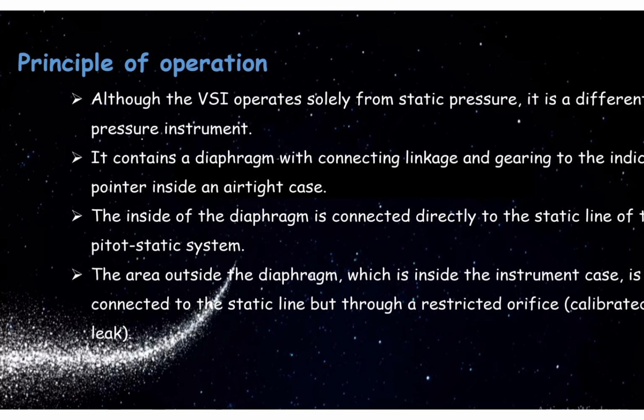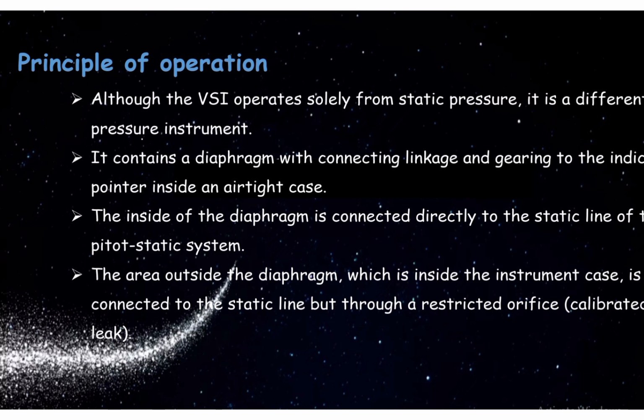Both the diaphragm and the case receive air from the static line at the existing atmospheric pressure. The diaphragm receives the unrestricted air, while the case receives the static pressure through the restriction.